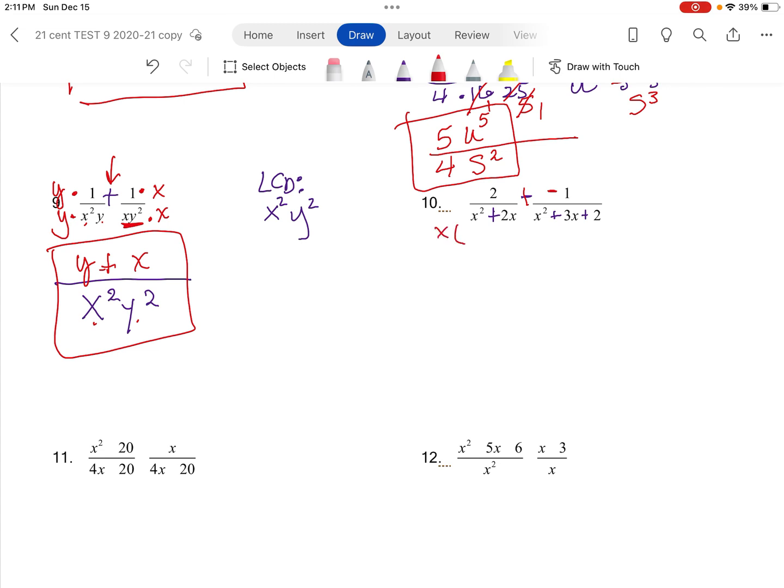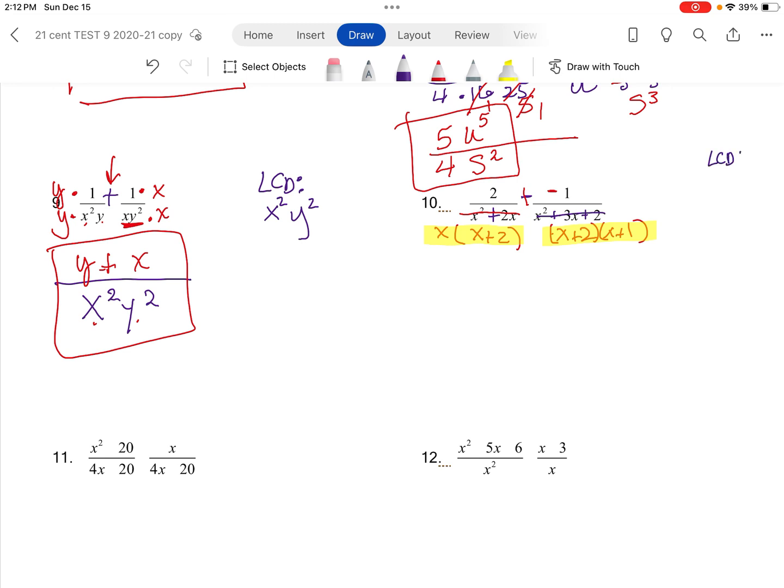So this is an x times an x plus 2. So I'm going to cross that denominator out, so I'm using x times x plus 2. This one factors into x and x, 2 and 1, both have to be pluses. So I'm using this denominator, so I'm going to cross this one out.